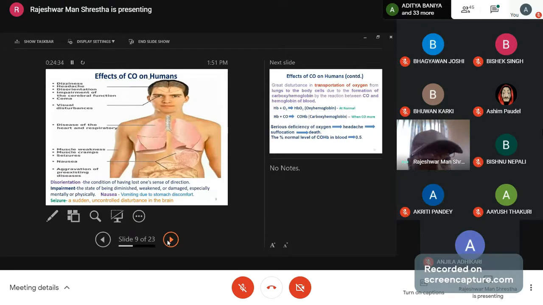After that, the person will go into coma. Then disturbance in visual activities, then disease of the heart and respiratory system. Then muscles become weak, muscle cramp, and then seizure, meaning sudden uncontrolled disturbance in the brain, occurs when carbon monoxide is present in large amount. Nausea, then vomiting, then aggravation of the patient's disease.